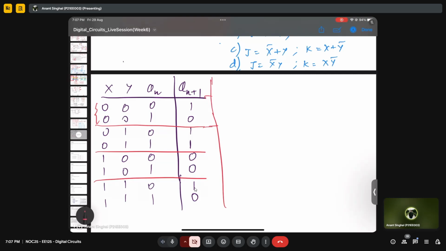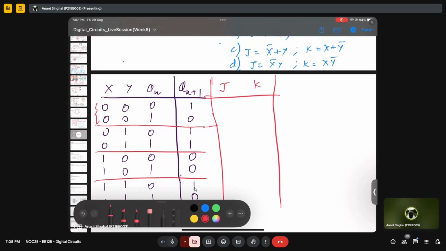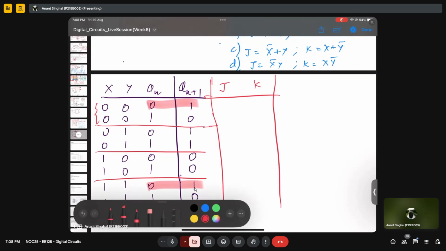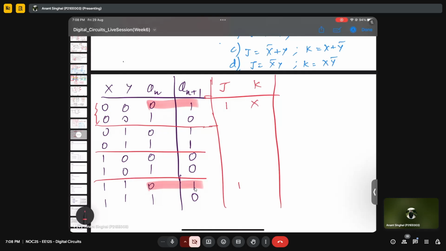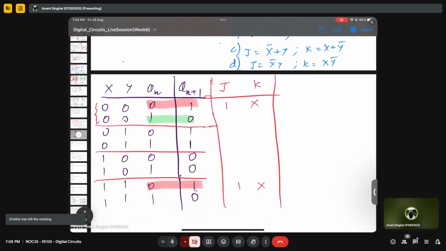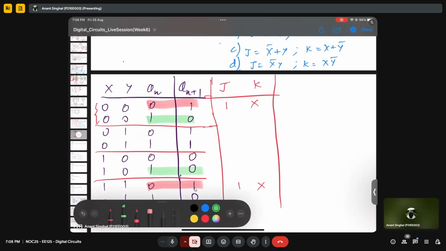Now using the excitation table of J and K, we have to fill this. Step 2 is to make the excitation table of J and K. I'm assuming till now you are able to remember it. So for 01, which are here and here, the J and K is 1x. Similarly for 10, which is here and here, J and K is x1.